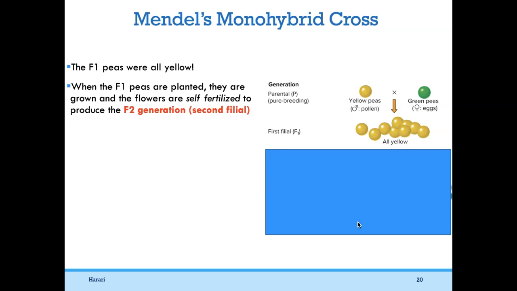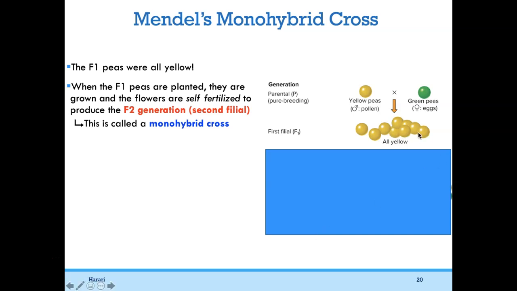This is important, right? The F1 peas are crossed to each other. The F1 peas are planted, and the flowers that grow from those pea plants are self-fertilized to generate the F2 generation. So it always goes, P is the parent, they have the first filial generation, the F1, and then the F1s are mated to themselves to get the F2 generation.